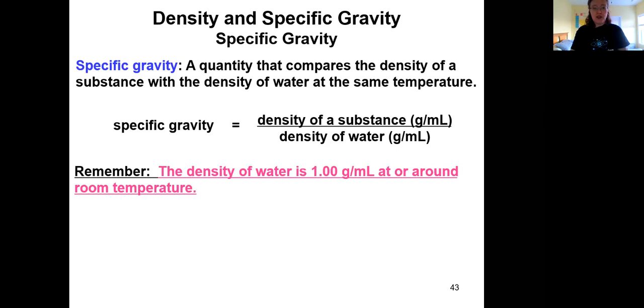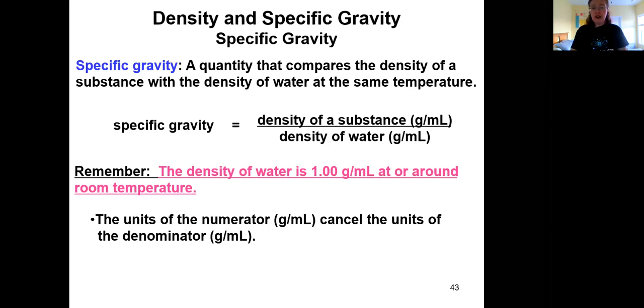So the density of water is about 1.00 grams per milliliter at or around room temperature. The units of the numerator, grams per milliliter, cancel out with the units in the denominator, grams per milliliter. They become an invisible 1.